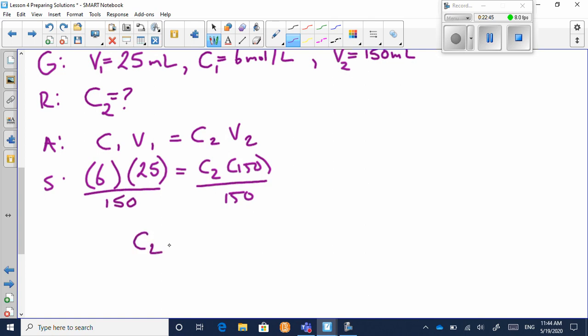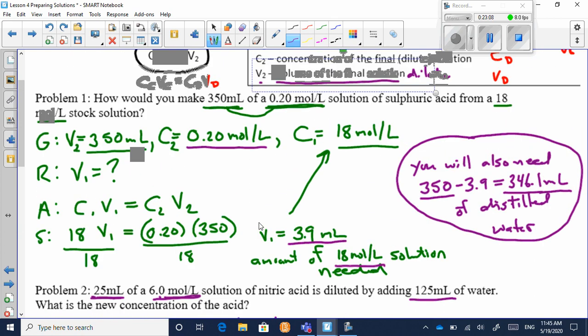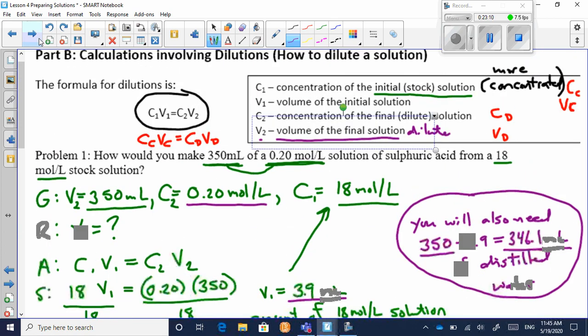And so my C2 is going to be 6 times 25 is 150 divided by 150. Oh, good. It's going to be 1 mole per liter. Okay, so just be aware that's how I use these dilution concentrations and volumes.